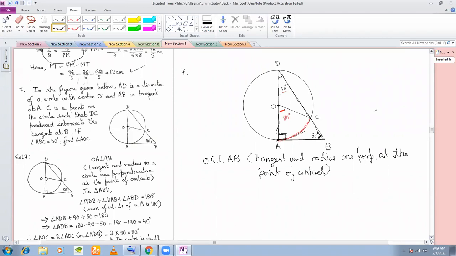Now we shall find out angle ADB. So we shall consider triangle ADB and we shall find out angle ADB, this 40 degrees that we have found out.